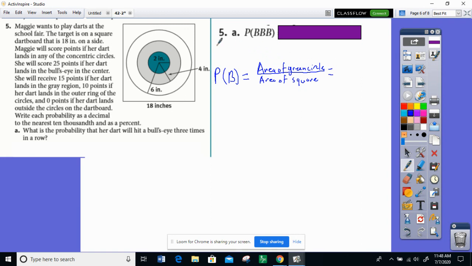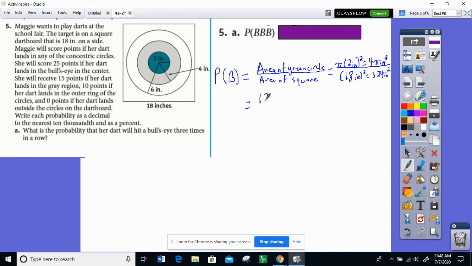They gave us the radius for the first circle as 2 inches. So that would be pi times 2 inches squared. But we saw before that that was 4 pi square inches. This time our area for the square is going to be 18 inches squared, which is 324 square inches.